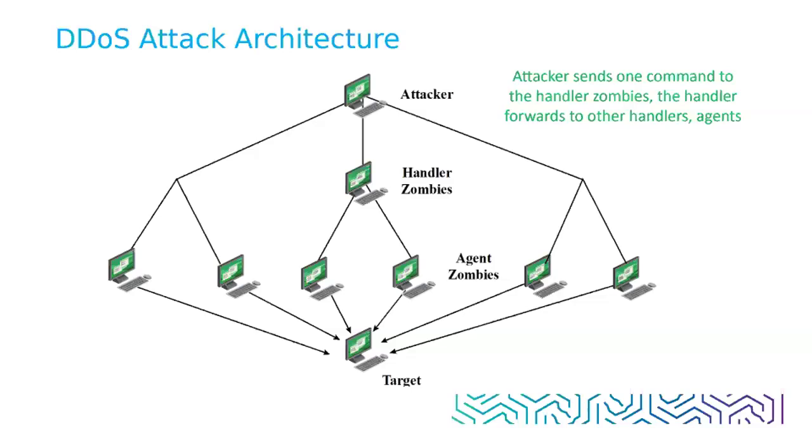So the modern botnets have evolved beyond simple handler-based architecture. While early tools like Tribe Flood Network (TFN) used a centralized handler, many contemporary botnets employ peer-to-peer or decentralized command and control mechanisms to improve resilience against takedowns.